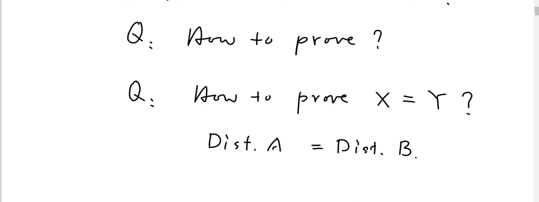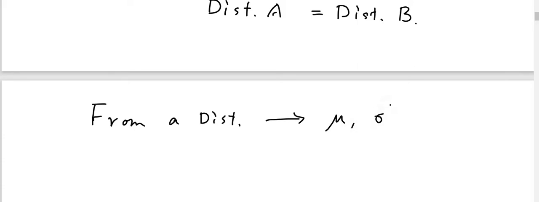Let's consider this. From a distribution we can produce some numbers. We can find the mean mu and sigma squared.